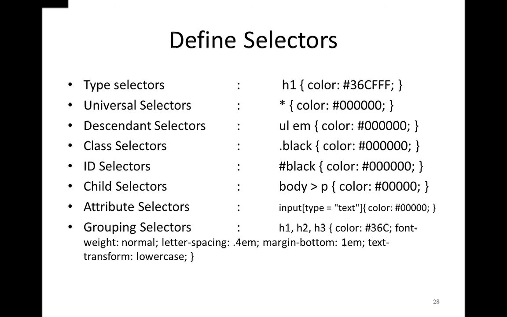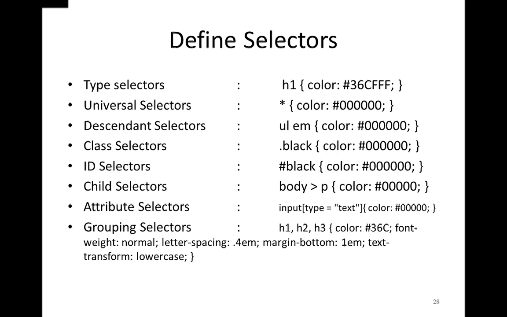Class selector: when you write styles for a specific category of markup tags, you may divide the entire web page into different parts with the help of the div tag. Within the div tag, we write an attribute called class.